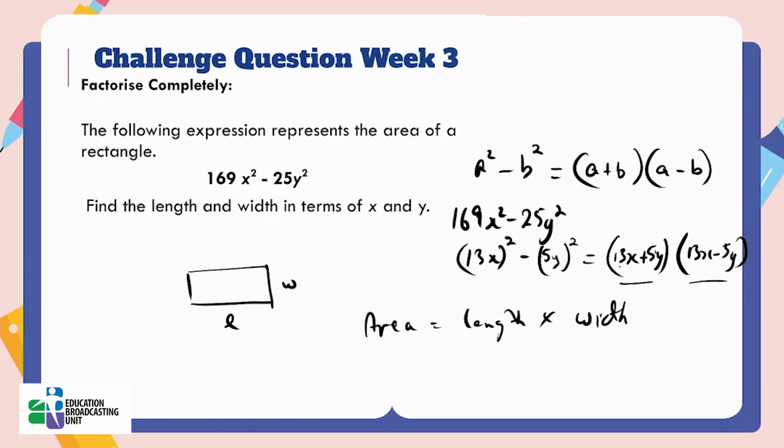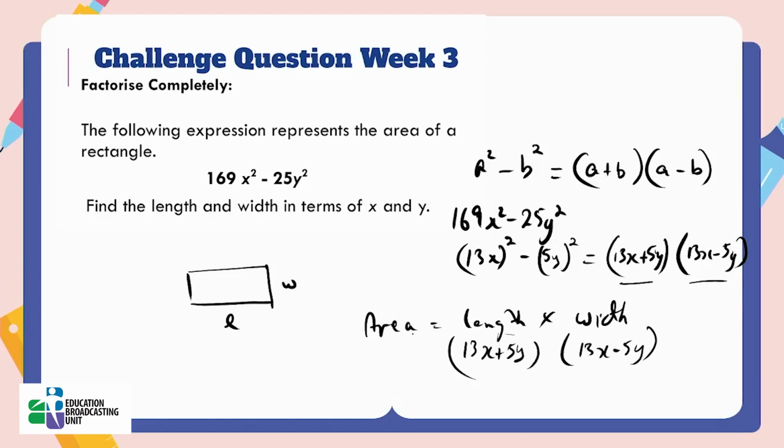Now the addition represents the longer length, the subtraction represents the shorter length. And so we have the length here being 13x plus 5y. That's for the longer side. We call the longer side of the rectangle the length. The shorter side, we call it the width. And so the width will be 13x minus 5y.